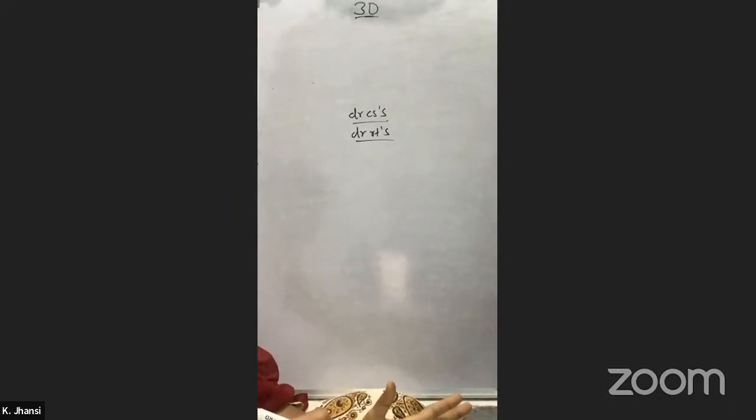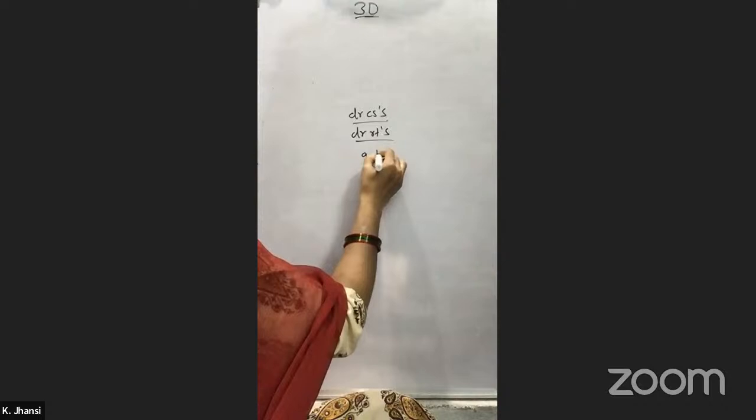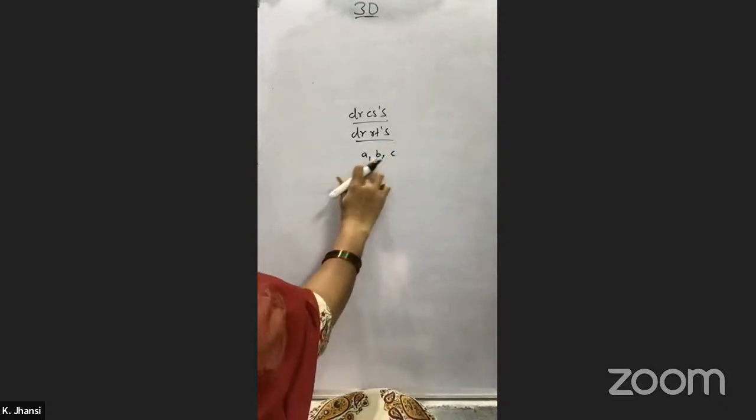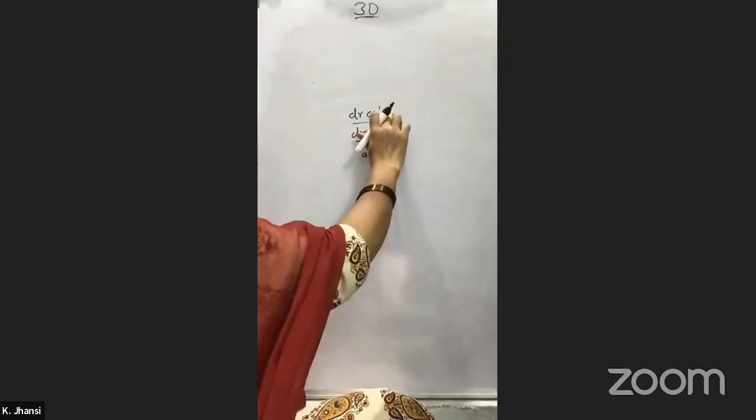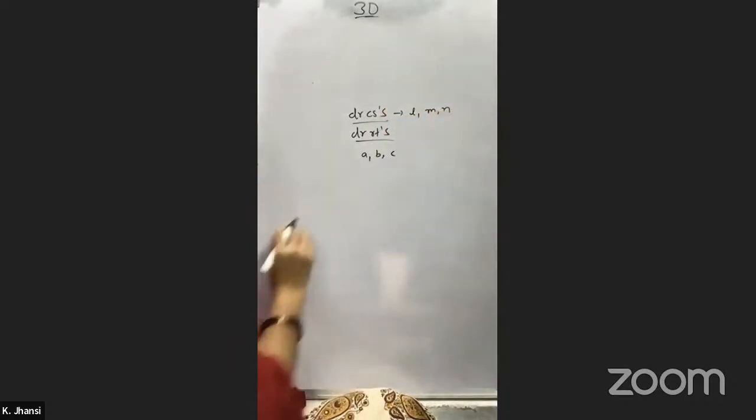Here, direction ratios of a line means there will be 3 numbers, which we can take as A, B, C. These 3 numbers, which are proportional to the direction cosines of a line, are called the direction ratios of the line. What are the direction cosines? L, M, N.